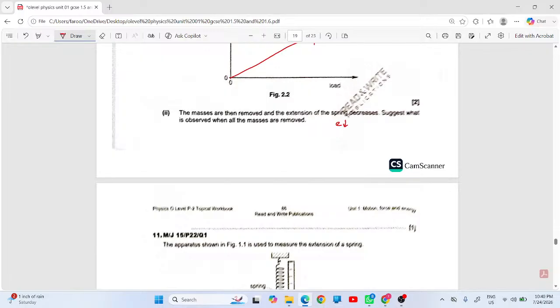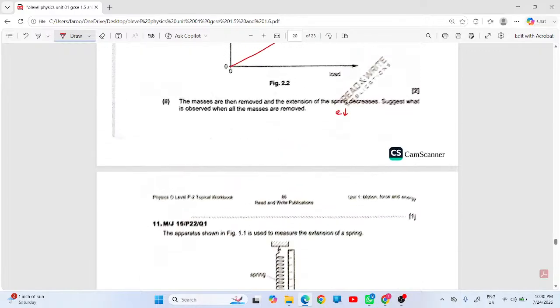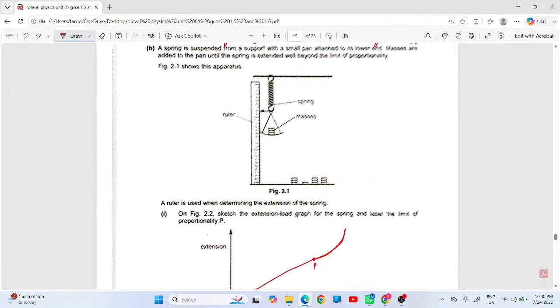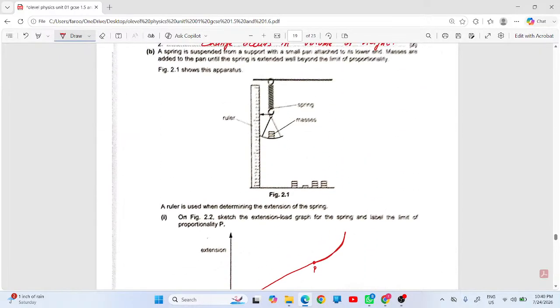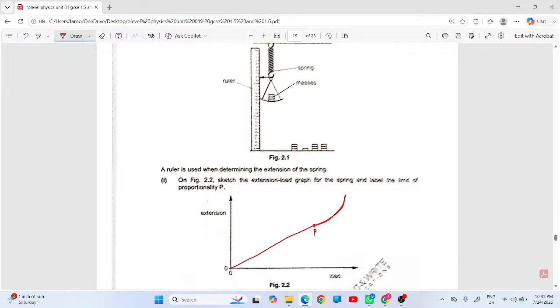सर एक्सटेंशन भी कम होगा जब मास मूव करेंगे. हाँ सर एक्सटेंशन अपना ओरिजिनल स्टेट पे वापस नहीं जाएंगे, परमानेंट.